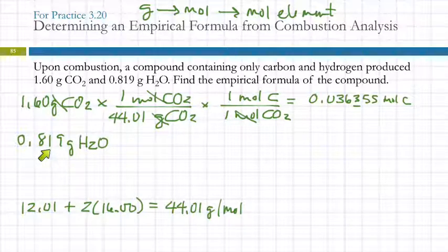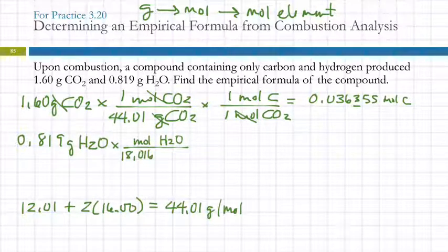Here, grams of water. So the hydrogen in here is what I'm interested in. So I need to convert this from grams of water to moles of water. In the interests of saving time, I'll just tell you the molar mass of water is 18.016 grams. And then I need the ratio of moles of hydrogen to moles of water. How many moles of hydrogen are in 1 mole of water? 2.